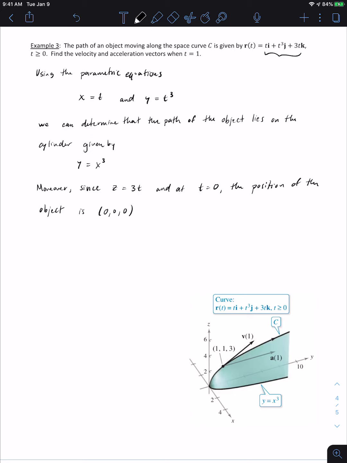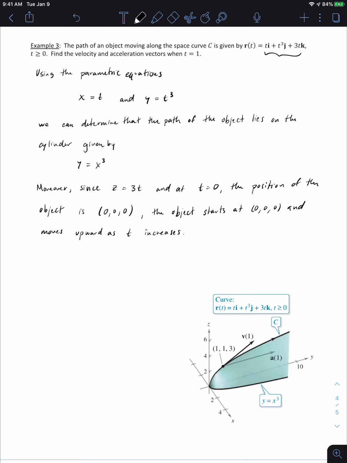That means since z is equal to 3t and it starts at 0, 0, 0, the object starts at the point 0, 0, 0 and moves upward as t increases.